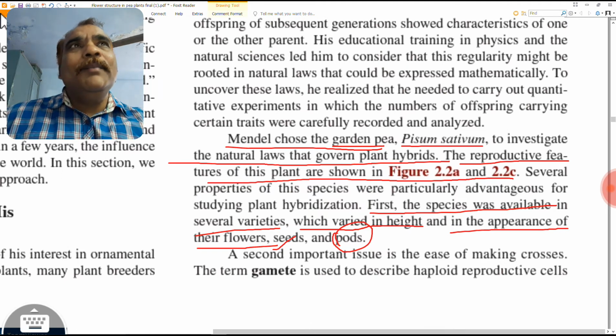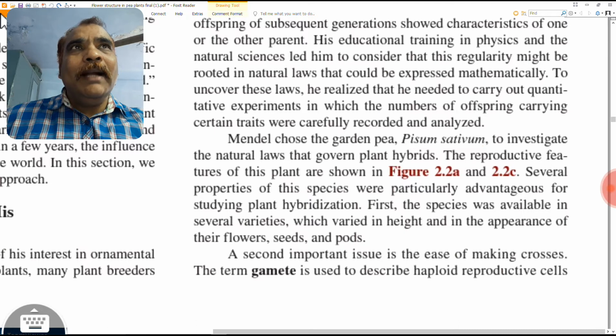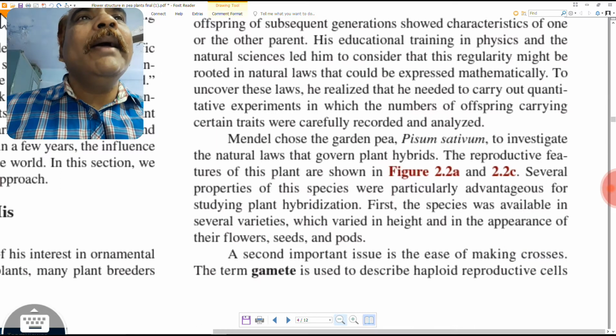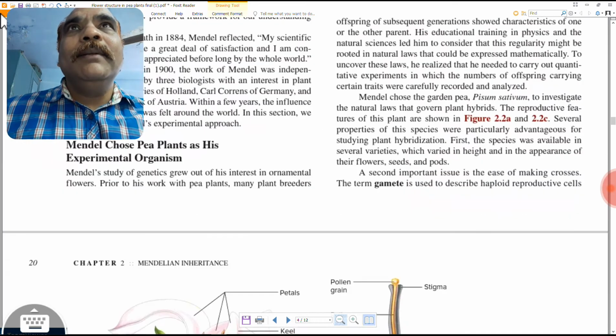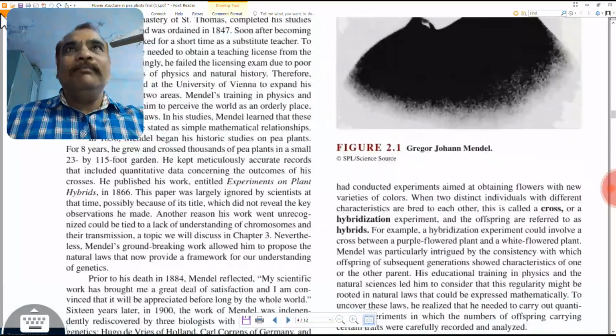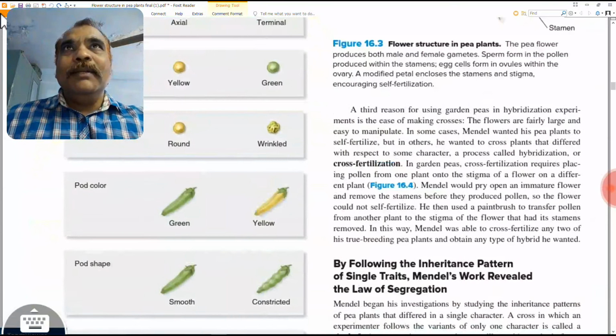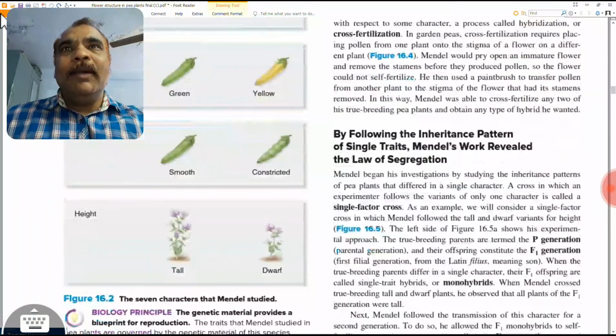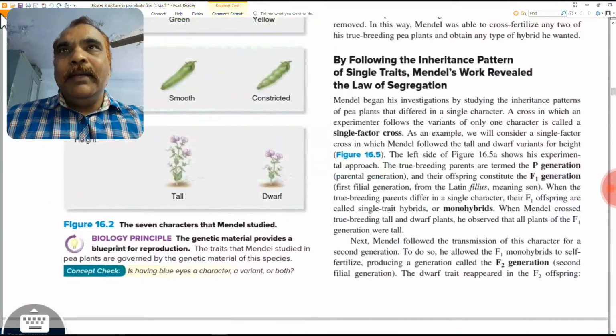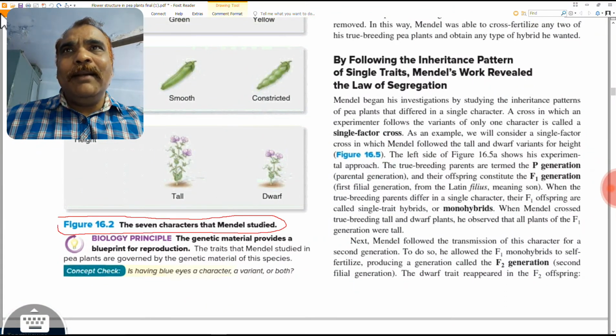That's why Mendel chose the garden pea plant. Now I'm showing you a table, and in that table you will see the characteristics that Mendel studied. So you observe the table. At the bottom of the table it is written figure 16.2, the several characters that Mendel studied in pea plant.